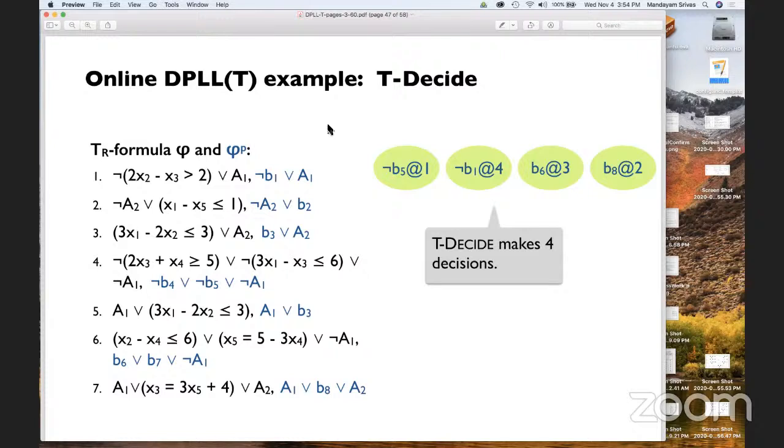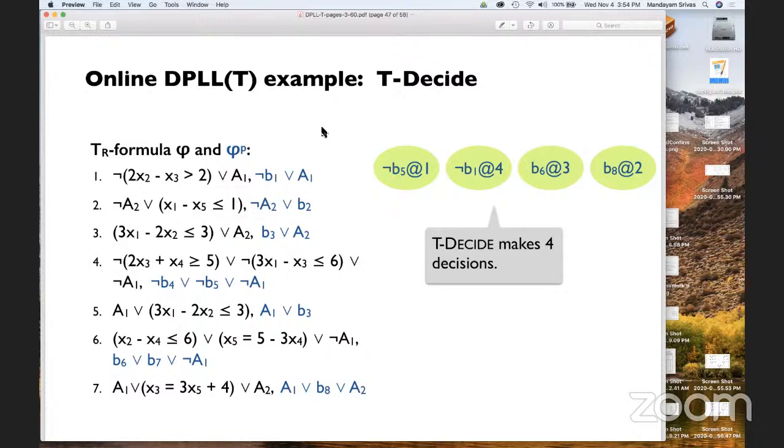It adds some more requirements: there has to be some incrementality, and it has to give certain information in a certain way that DPLL(T) can use. So the Simplex procedures integrated with SMT solvers usually take care of these additional requirements.